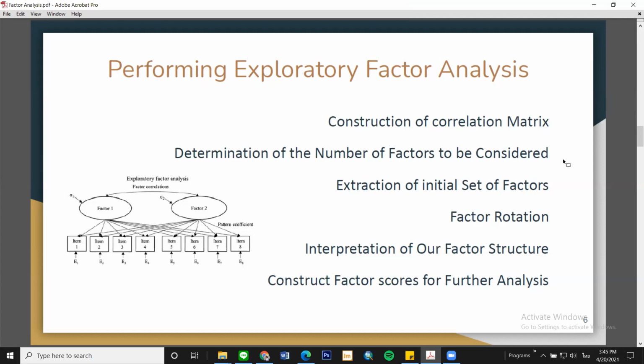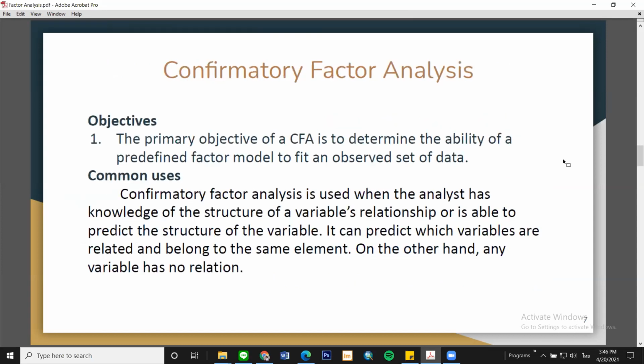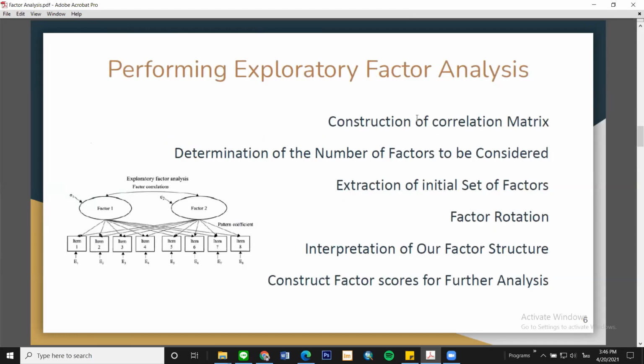Factor rotation has two types: orthogonal and oblique. Orthogonal rotation produces uncorrelated factors, while oblique gives correlated factors. The next step is interpretation of the factor structure.